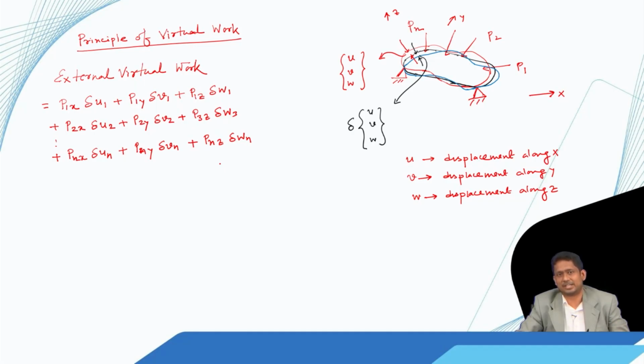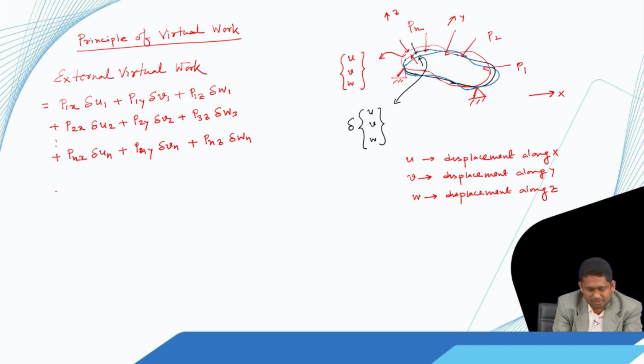So, the body already has some strain and stress, that stress is the real stress. Then from that deformed shape, when it goes through the virtual deformation, some additional strain comes, that we call virtual strain. So, the original stress multiplied by the virtual strain is called the internal virtual work.